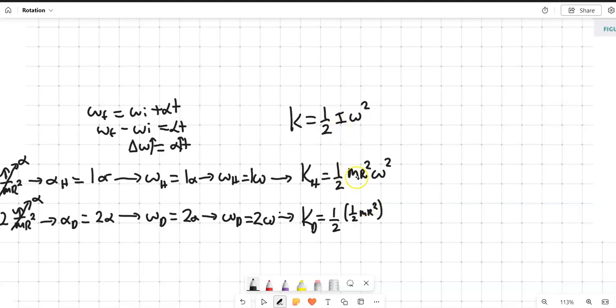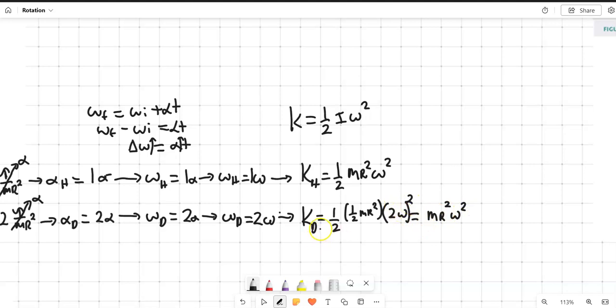The moment of inertia of the hoop is just mr squared. And also, since the disk is now spinning at twice the omega of the hoop, we're going to have to square that. So this is going to work out to be 1/2 times 1/2 times 2 squared times omega squared, which works out to be mr squared omega squared.